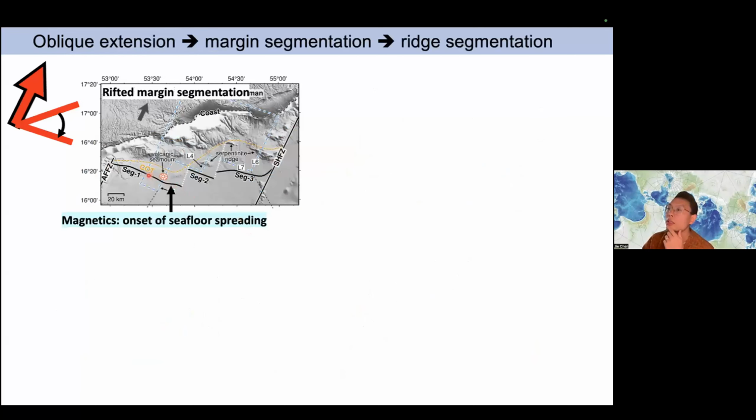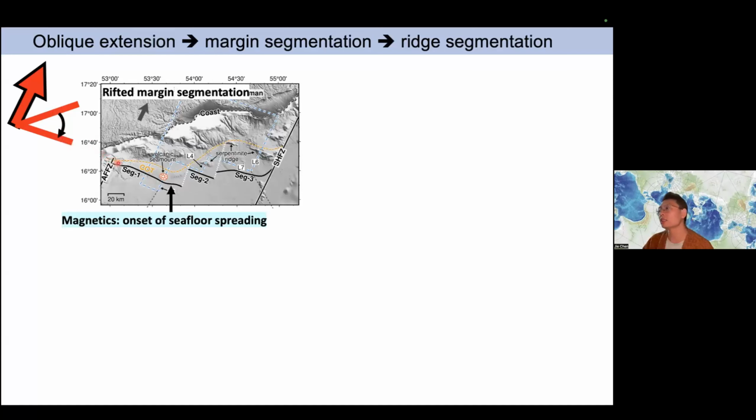But based on the magnetic data, the onset of seafloor spreading, this black line, is almost orthogonal to the spreading direction. That means the strike of the rifting rotated about 45 degrees.